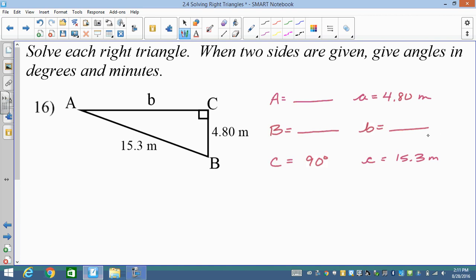So to find side B, we'll use Pythagorean's theorem. So 4.8 squared plus b squared equals 15.3 squared. So 4.8 squared is 23.04 plus b squared equals 234.09. Subtract 23.04.